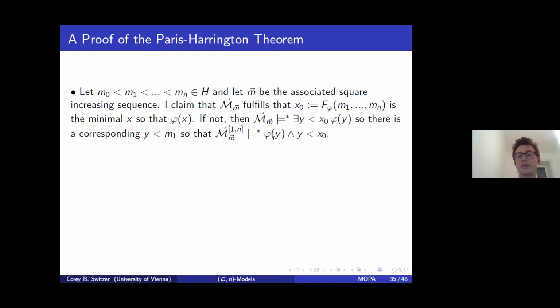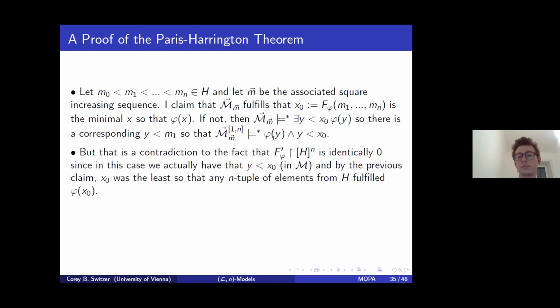And it thinks that phi of y holds. But that's a contradiction because my coloring, this homogeneous set, was such that any n tuple, including this one, had to think that the least such x fulfilling phi was going to be x0. So that can't happen. So m sub n vector here thinks that x0 is least.